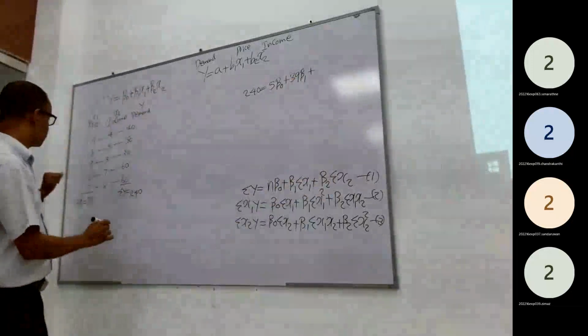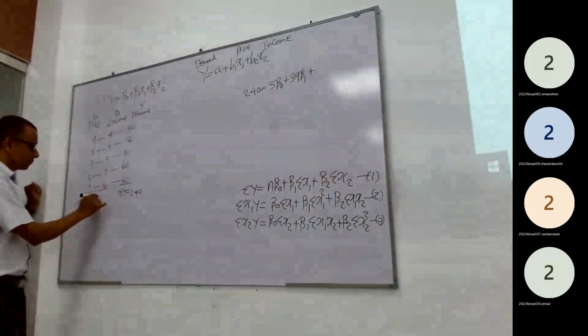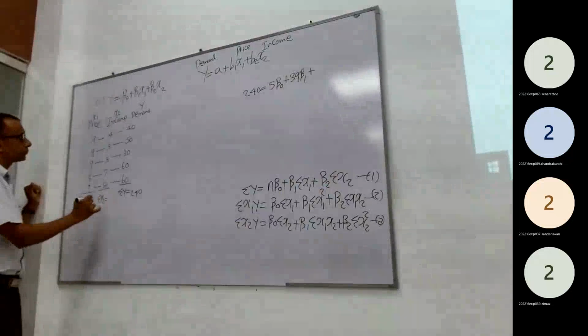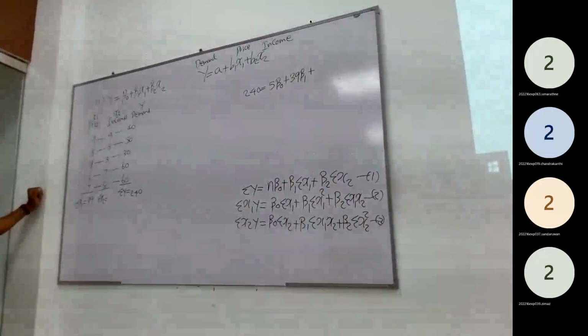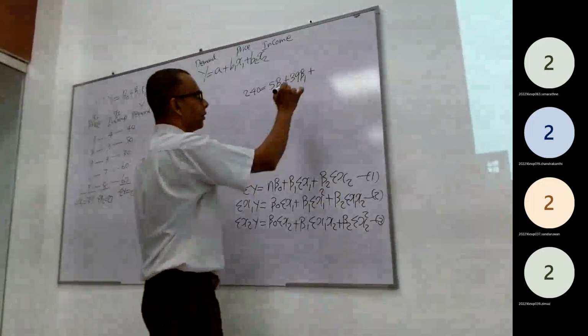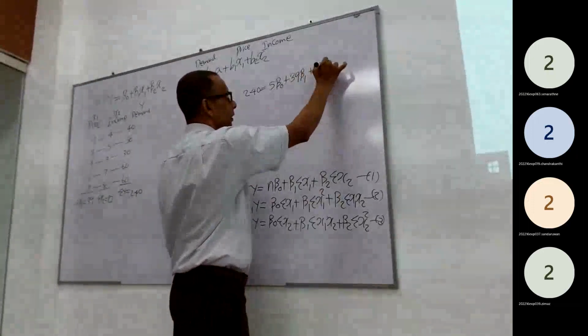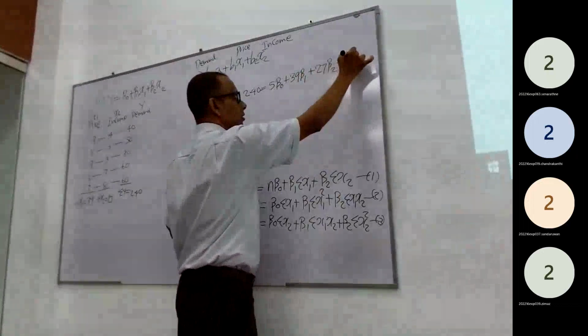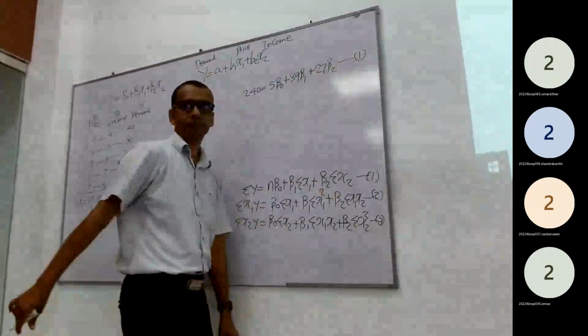Then sigma x2, the summation of the column: 8, 15, 20, 24, 27, is 27 beta 2. That is simultaneous equation 1.